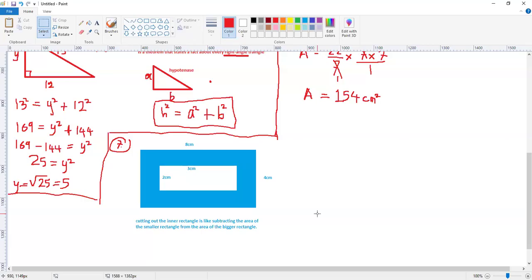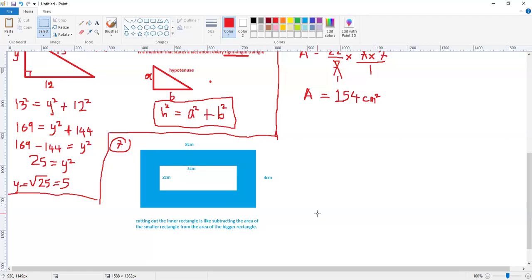Mason, are you there? Yeah. Okay, so can you see it now? It's a smaller rectangle inside a bigger one. And the area around the smaller one, but within the bigger one, is shaded. The question here says find the area of the shaded portion. Have you seen questions like that before?